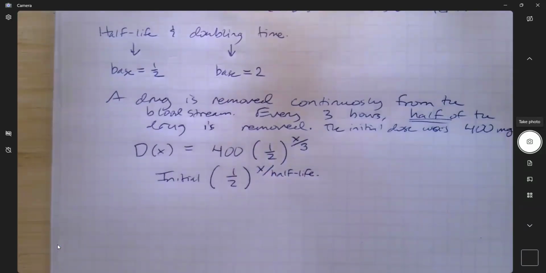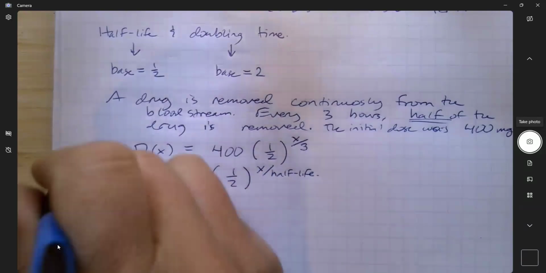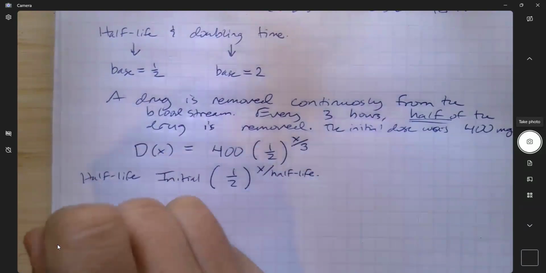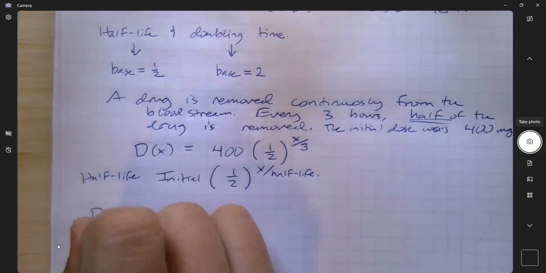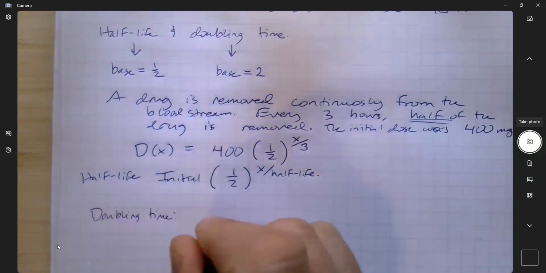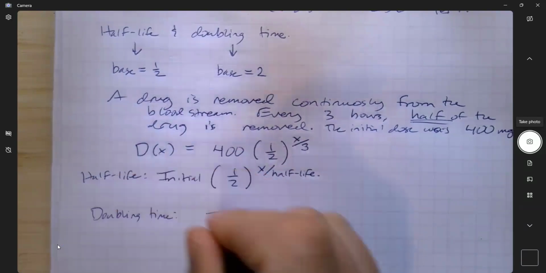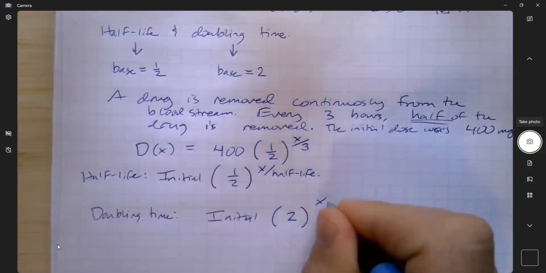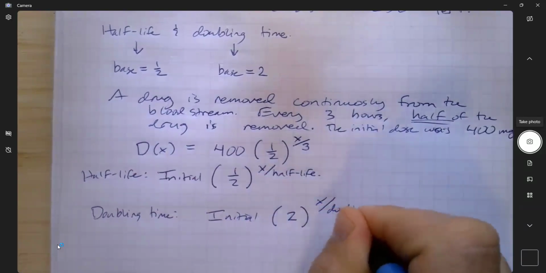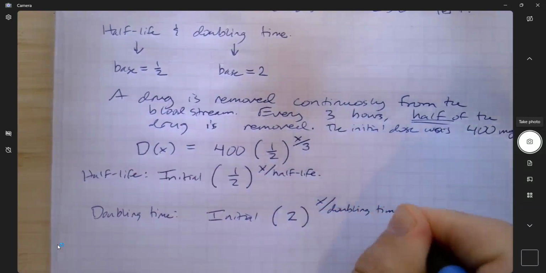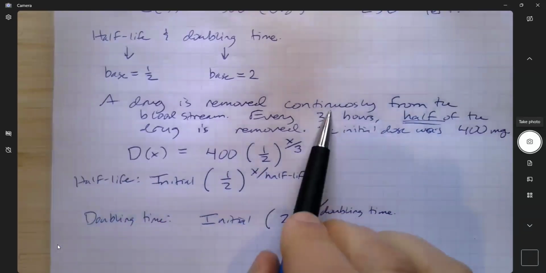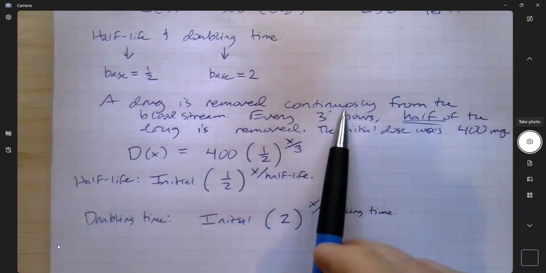And doubling time is very similar. This is half-life. With doubling time, you take your initial times 2 to the x over doubling time. Usually the change is continuous, but they don't give us a continuous rate.